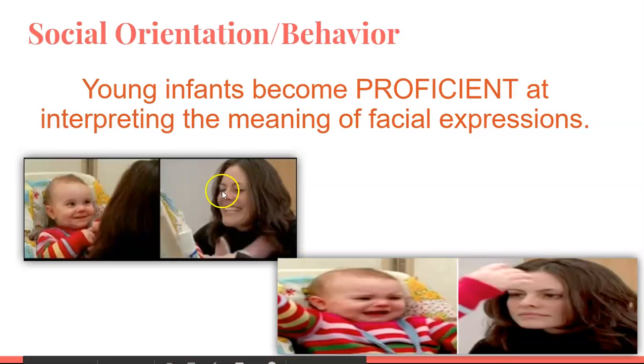And so from their social environment, they're able to pick up on social cues. And so when they see enough times that their caregiver is happy, then that means that they can be happy too. And so they start to mimic that same emotion as they see that their caregiver has.